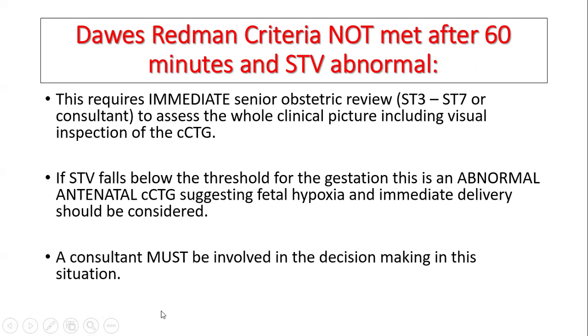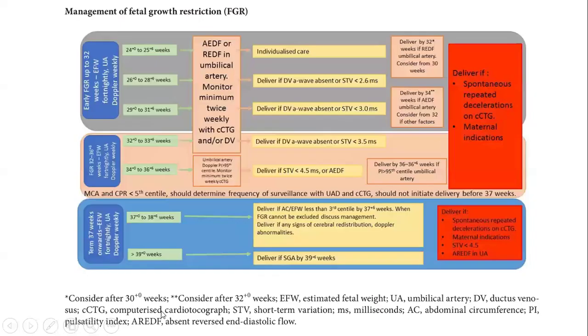Now, when criteria is not met and STV is low, then you have an abnormal situation with risk of hypoxia and acidemia, and you need to consider immediate delivery. So generally, any STV less than 4, or typically 4.5, is a problem. There's a risk of acidemia with that, and you need to consider delivery.